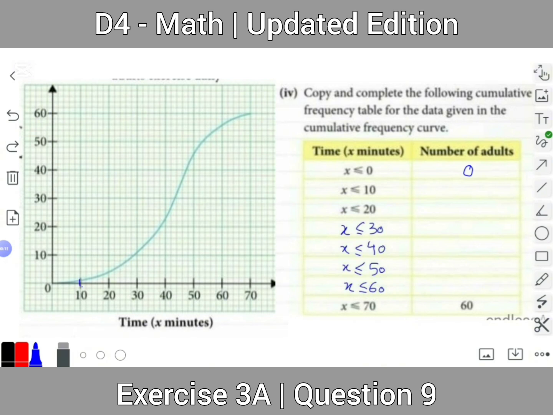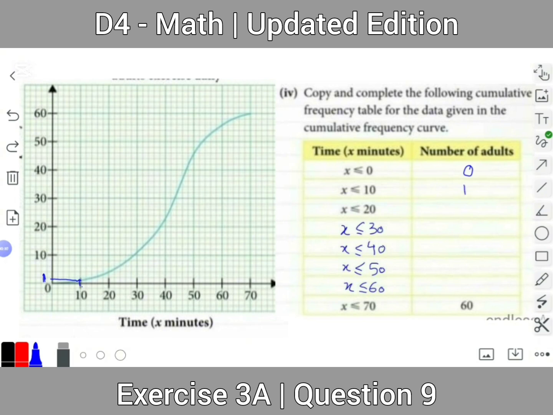Now from the point of intersection on the curve, we will draw a horizontal line until it cuts the y-axis. So here we have the value 1. So the value for the cumulative frequency for x less than or equal to 10 is 1.